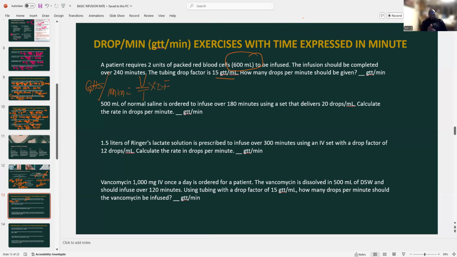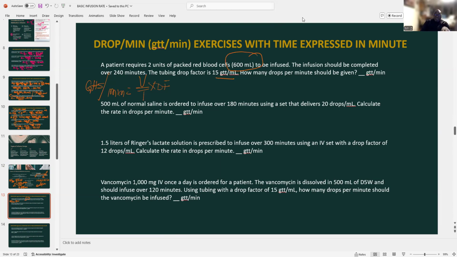So let me put the pause right here. Drops per minute is giving the medication by gravity, which means you do not have a pump. Milliliters per hour, you are using an IV pump. Which one to use is going to be in your exercise.